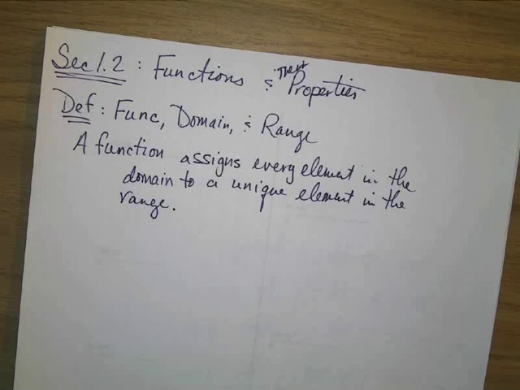So what it's saying is everything that exists in its domain, it does something to and gives it a unique value in the range, that's considered the range numbers.